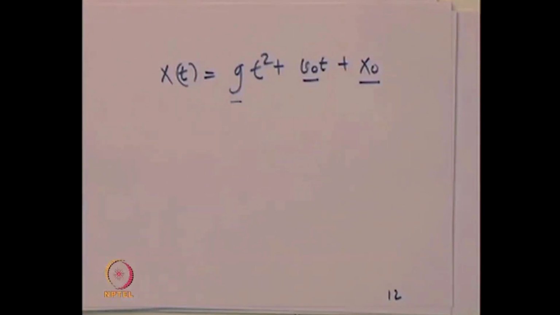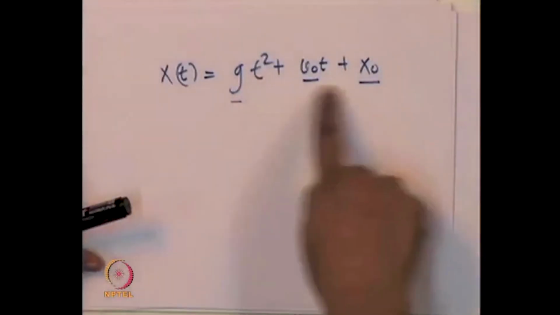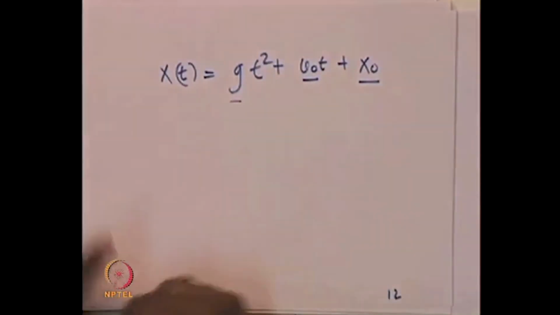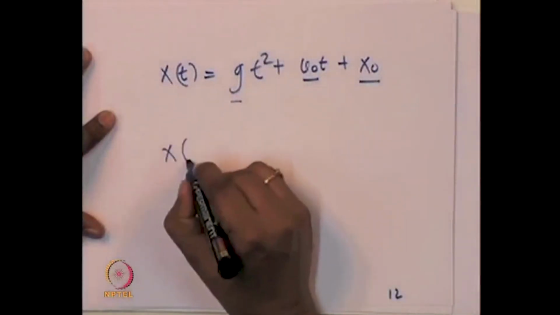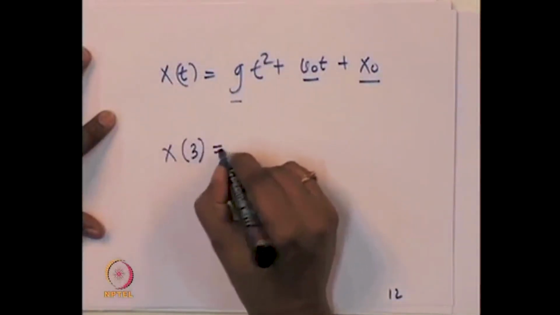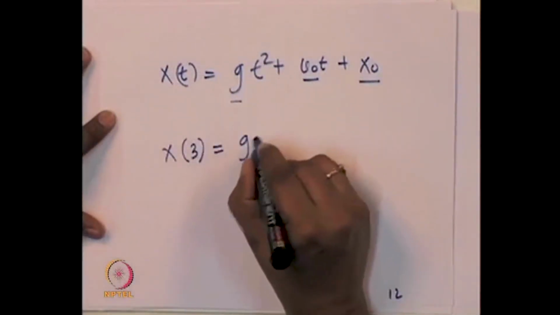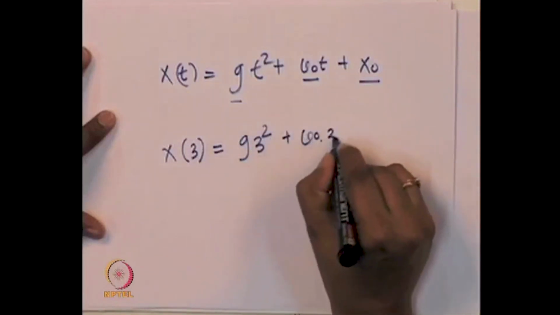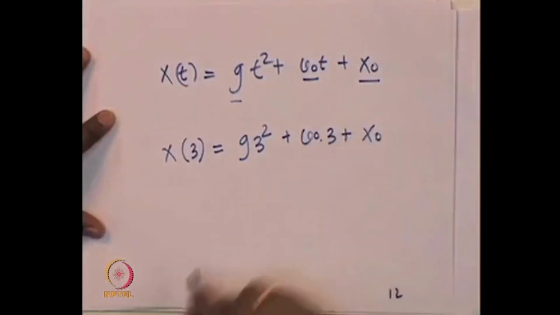If we know this much, for any time t we can substitute in this equation and get x of t. So, we can get x after 3 seconds is equal to g into 3 square plus v 0 into 3 plus x 0.